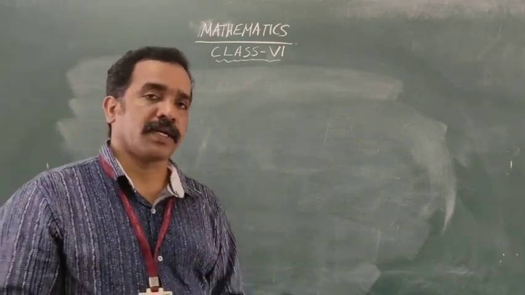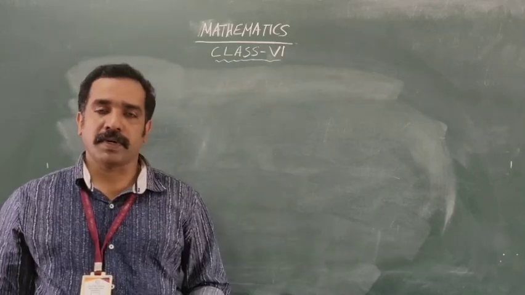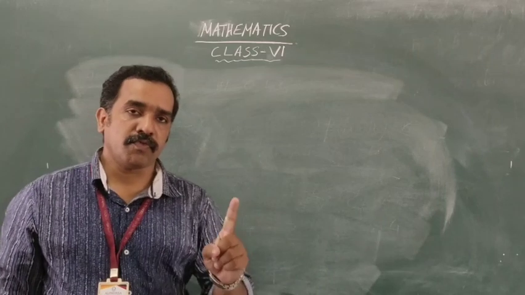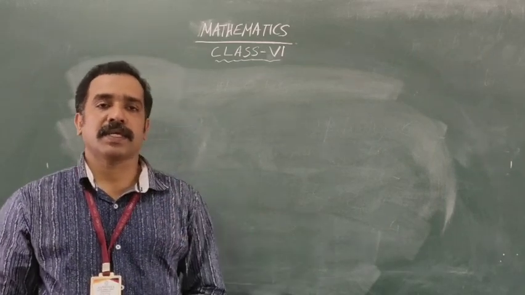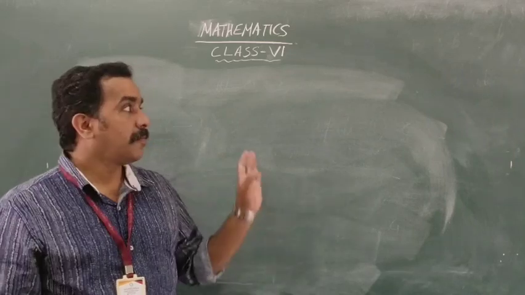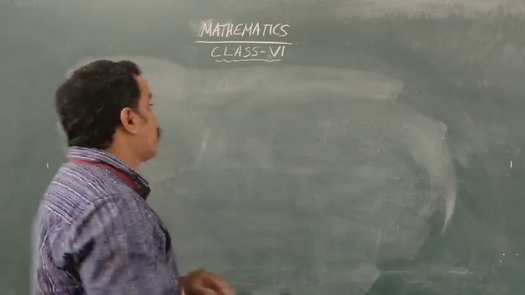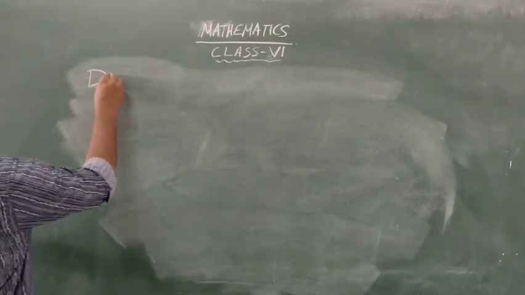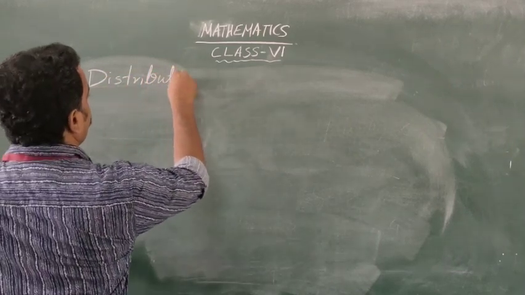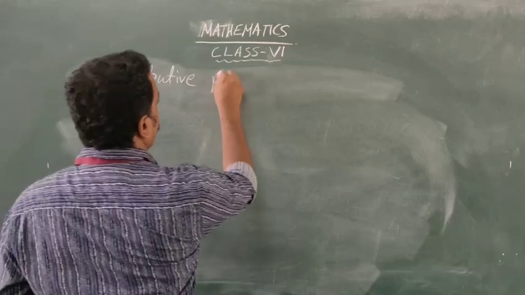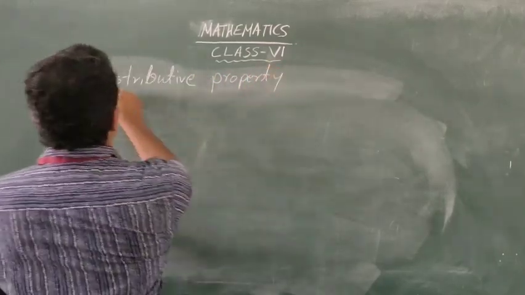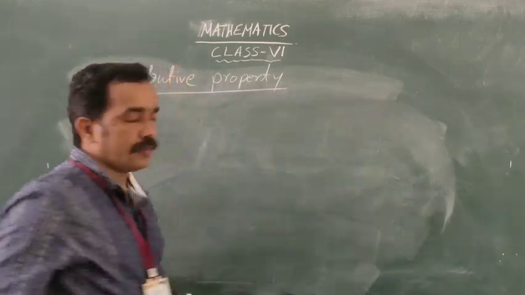Now the next property is a different property. So far we were discussing all the properties with one operation at a time, either addition, multiplication, division or subtraction. But the next property is distributive property.